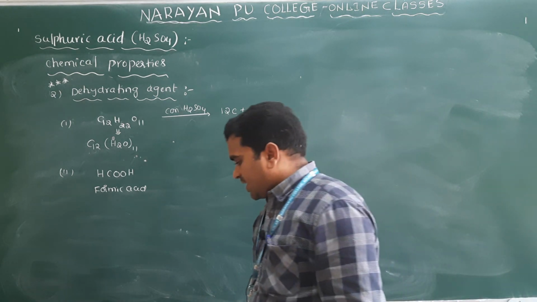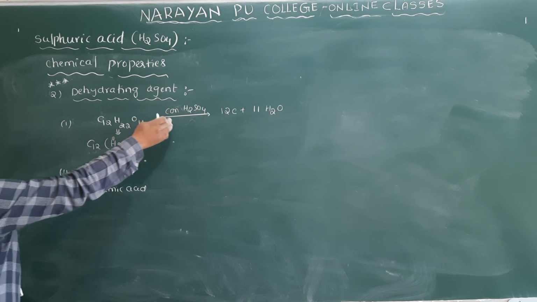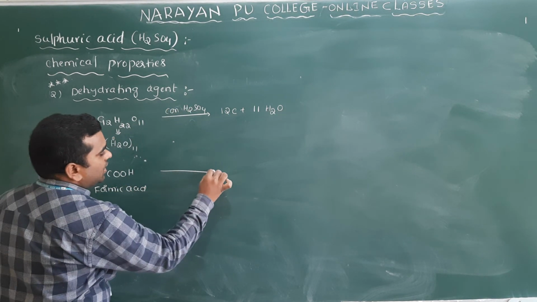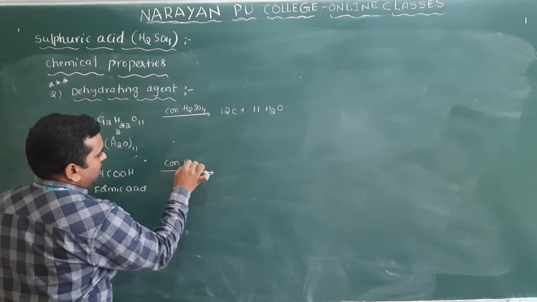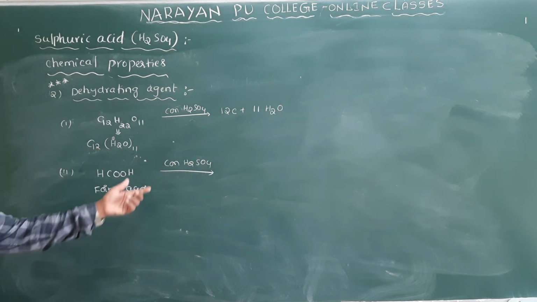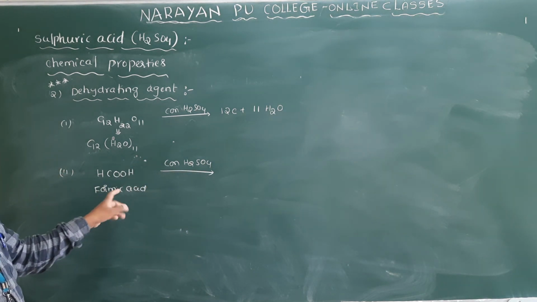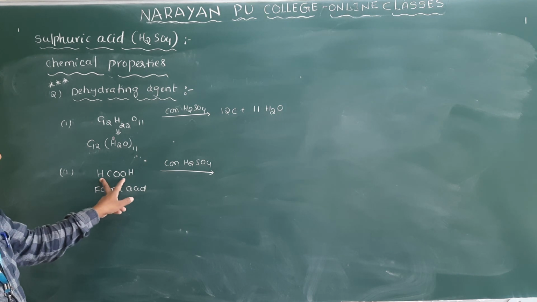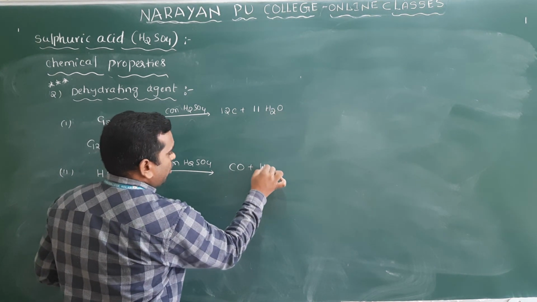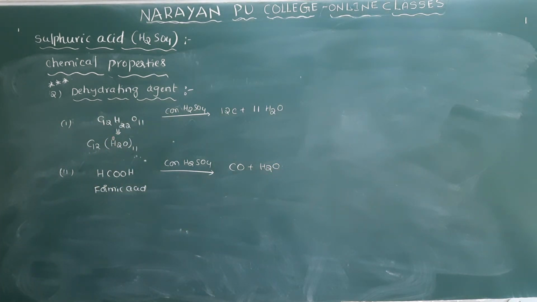In that case they will give you sucrose, or sugar, and concentrated H2SO4, or formic acid and concentrated H2SO4, and ask you to write the products. Whenever concentrated H2SO4 is there, it acts as a powerful dehydrating agent and removes water. If you remove the water molecule, H2O, from formic acid, what will you get? CO, carbon monoxide, plus H2O. Clear?